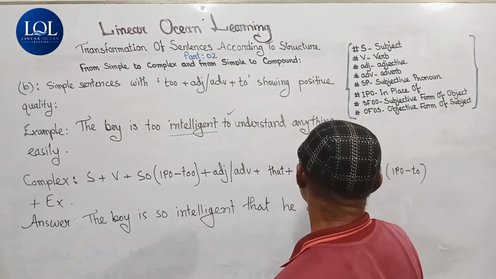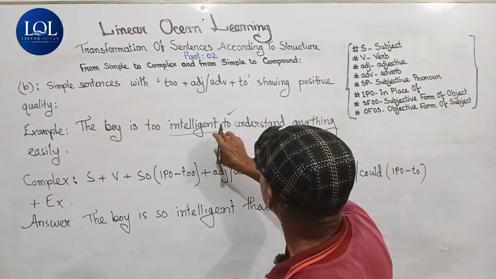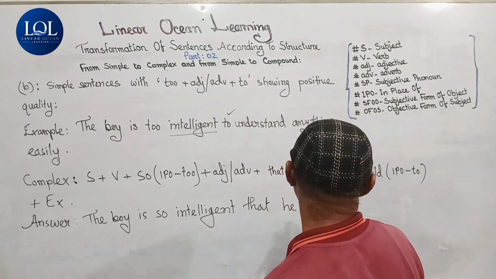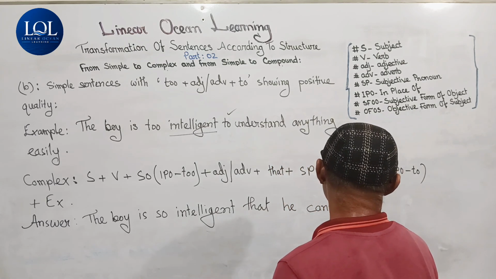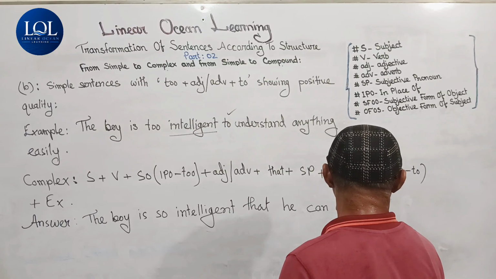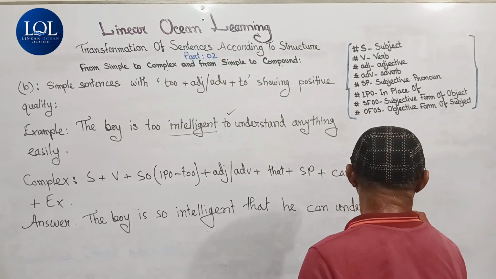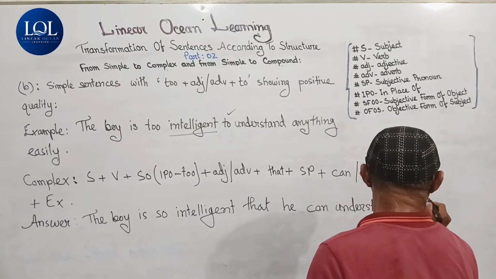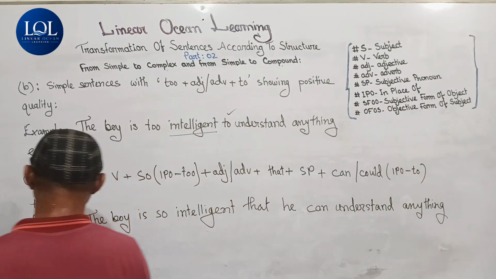In place of "to" we have to write "can". Then the next part of the sentence, that is extension: understand anything easily.